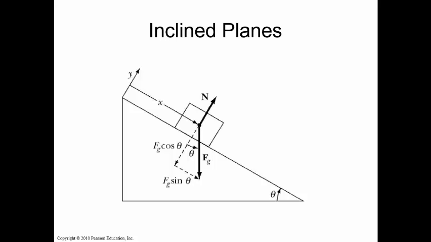The symmetry of these triangles gives us, using a little bit of geometry, that the angle of the incline is equal to the angle between that Fy and Fg. So that perpendicular Fy component is equal to the weight times cosine theta, and the horizontal component is equal to the weight times sine theta.